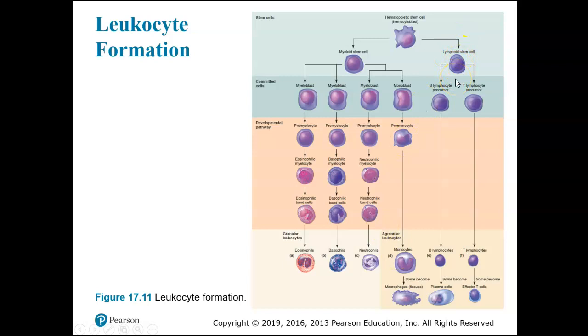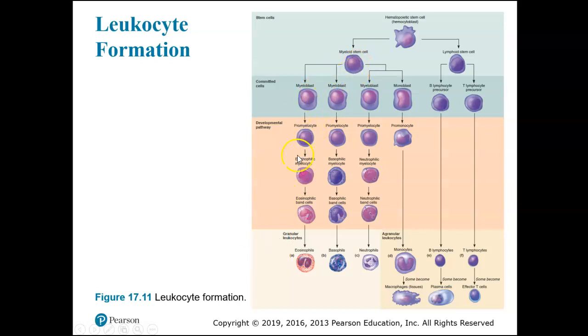cell. The only other cell that I want to show you on here is, and I don't see it, because it's not showing you that the myeloid stem cell also forms erythrocytes and platelets, and that's not shown in the picture.